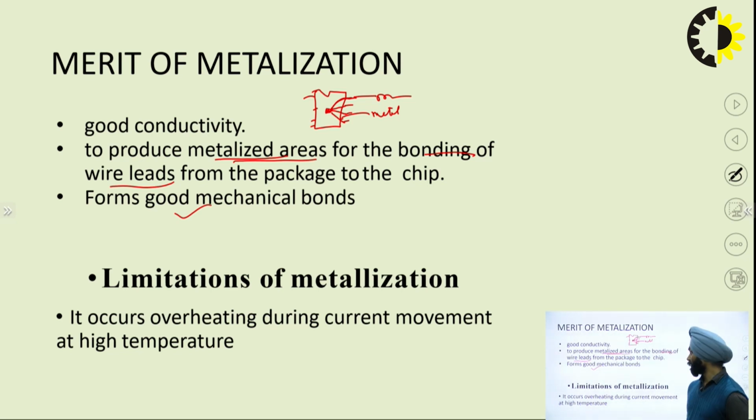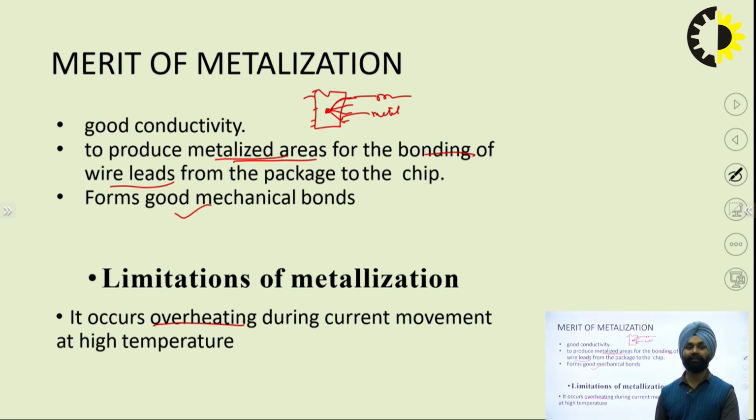The main problem, irrespective of whatever we use, is that it gives overheating. Whenever there is a movement of the current, it produces heating. So that's why the first requirement that we have, the property that we desire, is low resistivity. As the resistivity decreases, the temperature will decrease.